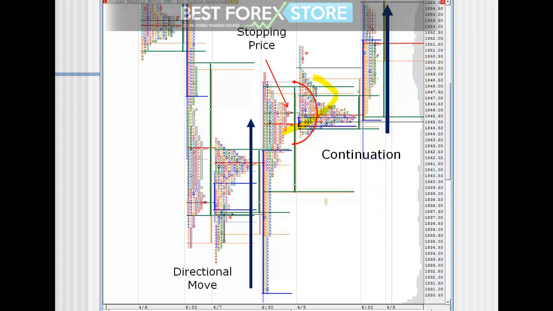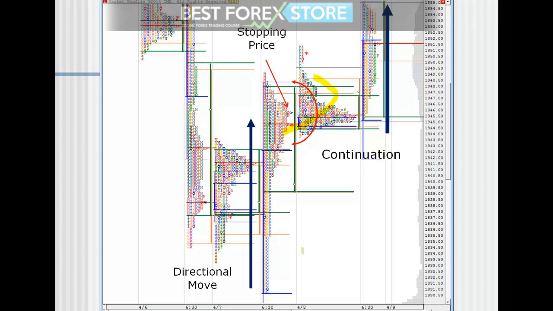The most important thing I want to establish here is just to demonstrate to you those 4 steps, and I'd like you to look at each chart and begin to break up what's going on a profile chart in these 4 steps. The stopping price is always easy to find. Once the market stops, it begins to rotate around that price, and that becomes clear and evident.